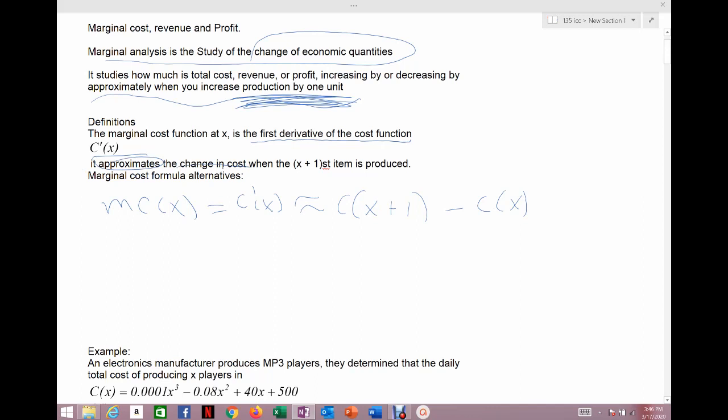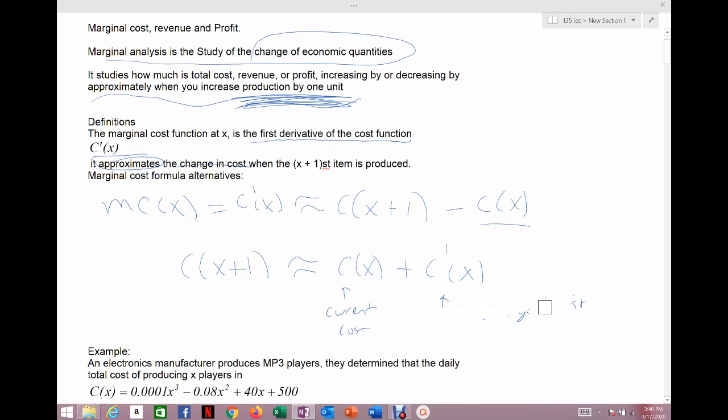Oftentimes, we'll use an application where we rearrange this a little bit. I'm going to solve for the cost at x plus 1. That can be approximated by taking the cost at the x value and adding to it the derivative. That's just rearranging. I'm actually going to move this cost over to the other side. This is the current cost at the current level of production. This is the approximate change in cost.